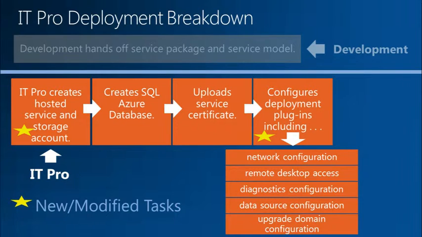And of course, deciding what upgrade domains and fault domain configuration we want for this app. Is this mission critical or not? How much do we want to invest in having extra instances and making sure that we have full availability of the app? And so all those things require a lot of work from the IT department to make all those things work right.